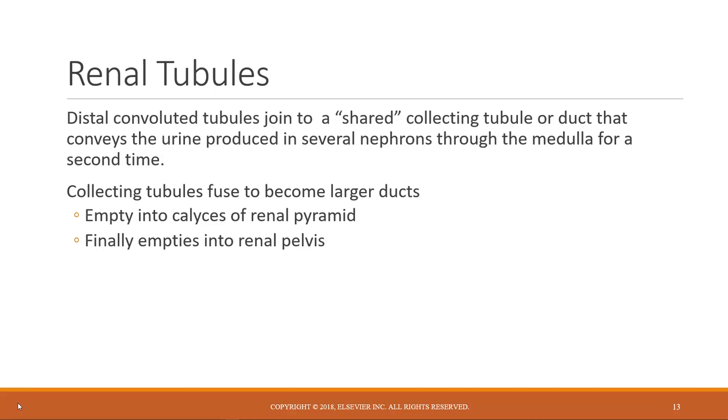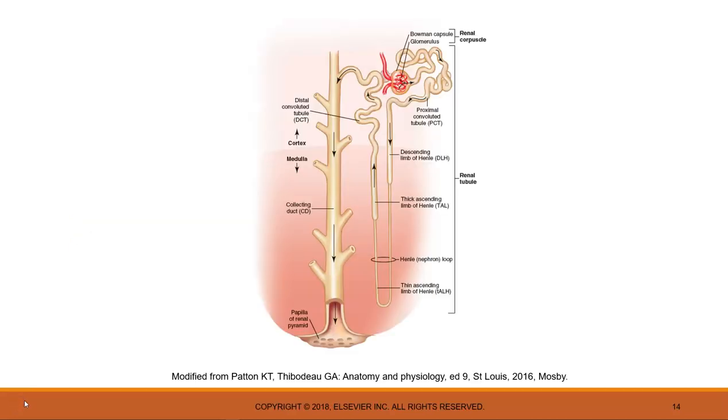The collecting tubules fuse to become larger ducts, and they empty into the calyces of the renal pyramid, and finally they empty into the renal pelvis. So spend time with this diagram. It's in your textbook, and again, be able to identify those 5 structures we just talked about.